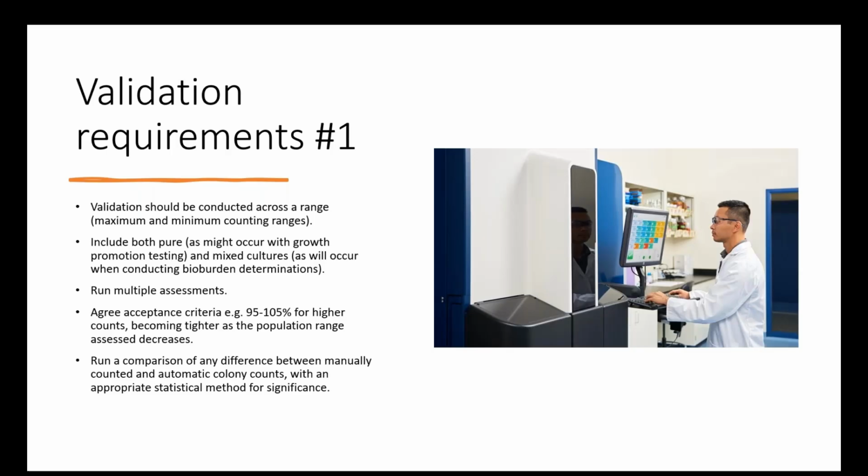So for validation minima, this needs to be considered across the laboratory's maximum and minimum countable ranges. It will need to include both pure and mixed cultures. It would need to include multiple assessments of the same plates as well as a range of plates.